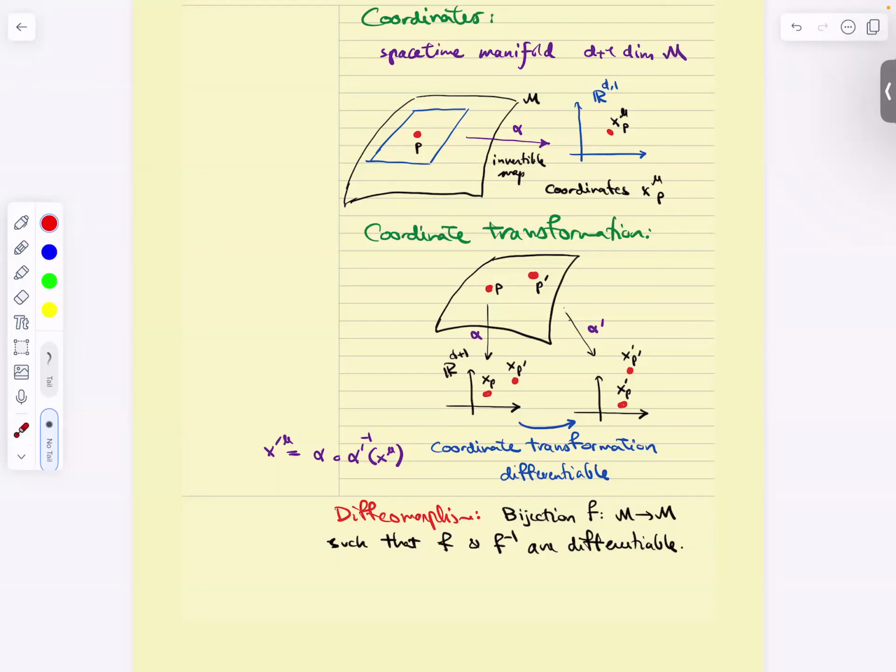Passive transformations are the redundancies of description. It's the stupid fact that I have to describe points on a manifold using rulers and clocks. I have to use x's and x primes, right? So that is passive. There's no physics associated with a passive transformation. Active transformations involve some physics.